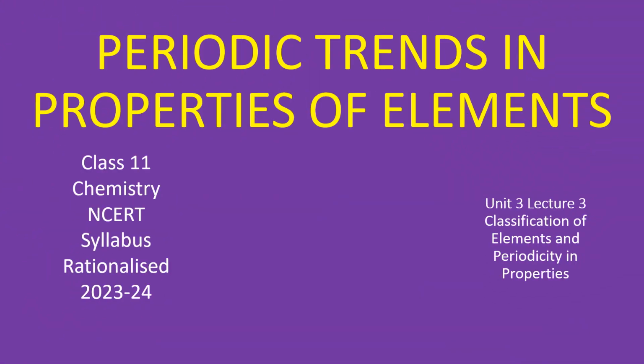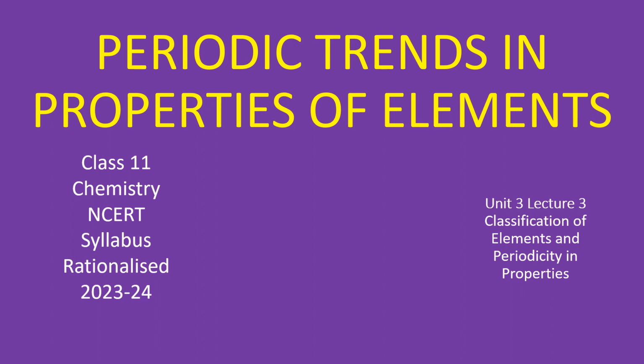Hello students, in today's class we will study about periodic trends in properties of elements. There are many observable patterns in the physical and chemical properties of elements as we descend in a group or move across a period in the periodic table.